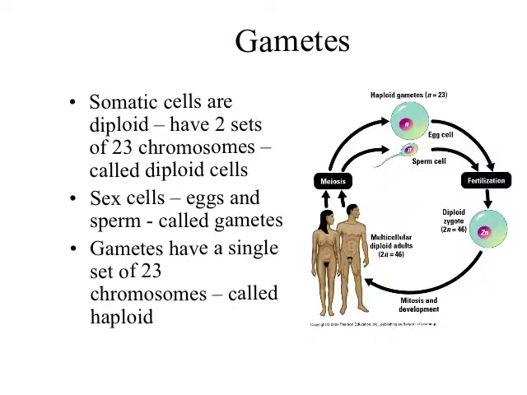So we talk about the somatic cells of our body. They are what we call diploid cells. Okay, they have 2 sets of those 23 chromosomes, whereas the sex cells, the gametes, which are the eggs and the sperm, have a single set of 23. So we call those haploid.